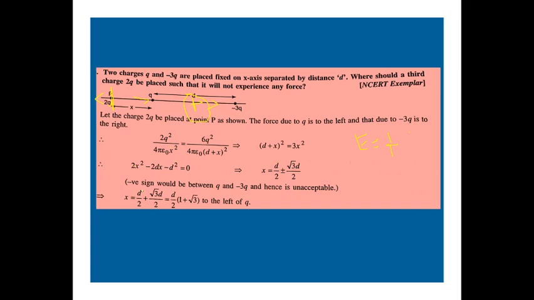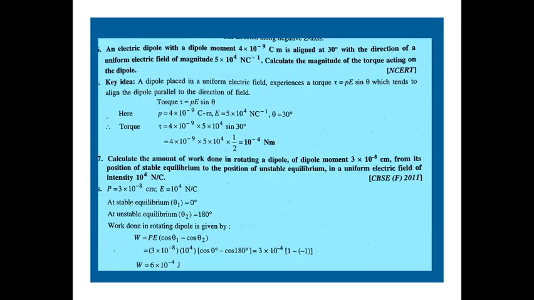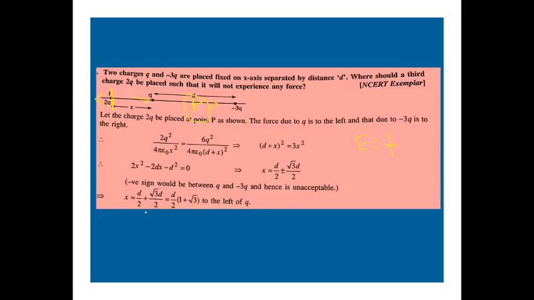The negative sign would be between q and minus 3q, hence it is not acceptable. So x is equal to d by 2 plus root 3 by 2 d. Simplifying, x is equal to d by 2 into 1 plus root 3. It is to the left of the charge q.